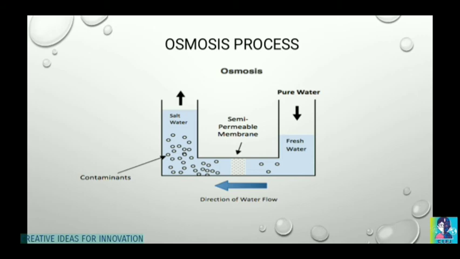The semi-permeable membrane is permeable to water molecules, but not permeable to dissolved ions and other contaminants. In order to reach equilibrium concentration, the water will pass from the pure water compartment to the salt-containing compartment to dilute the salt solution. This is called osmosis.